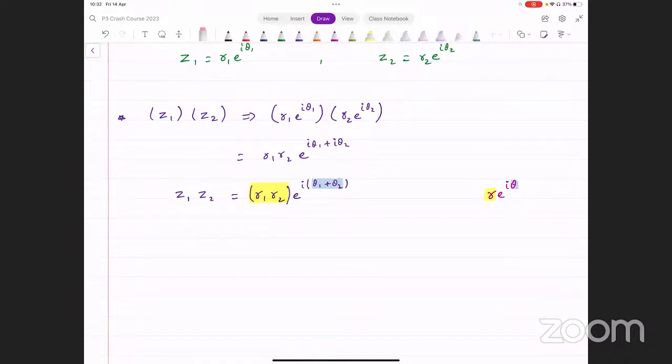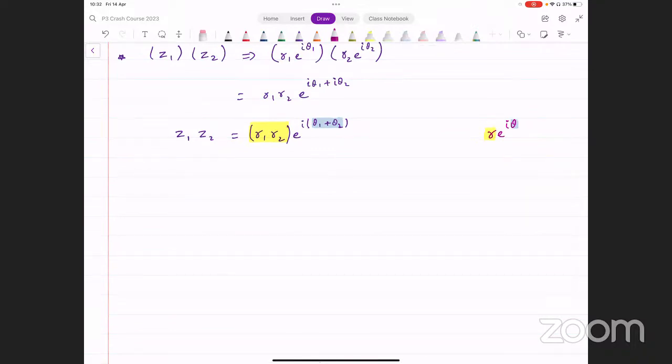So from this result, what we can infer is, whenever two complex numbers are multiplied, their modulus are multiplied.